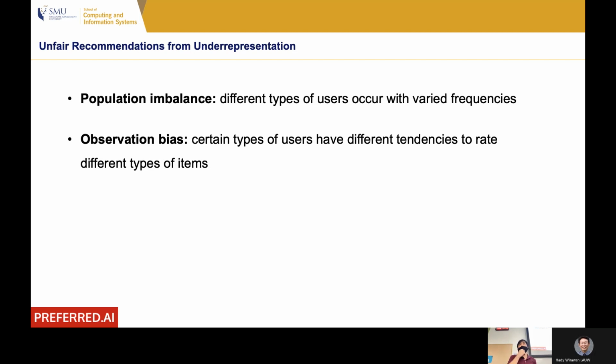So you have a lesser chance to see that user rate that particular item. And over time, the feedback loop of the system and the user feedback reinforce that bias in observation. So these are the two types of bias that this paper focused on, and they try to address these two biases to make fairer recommendations.